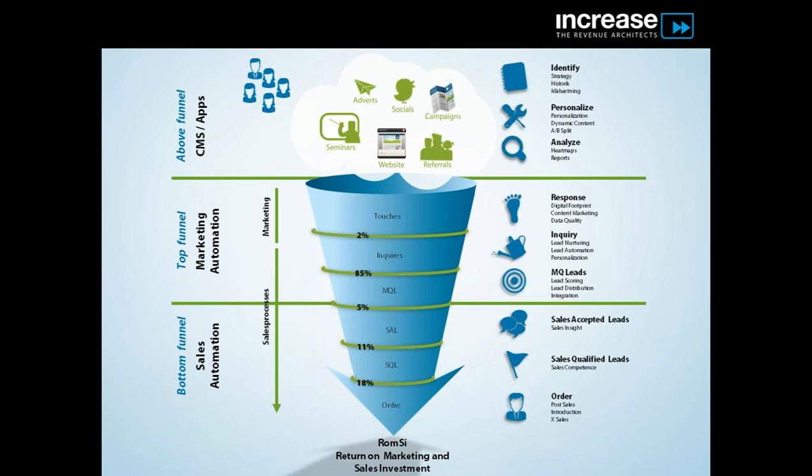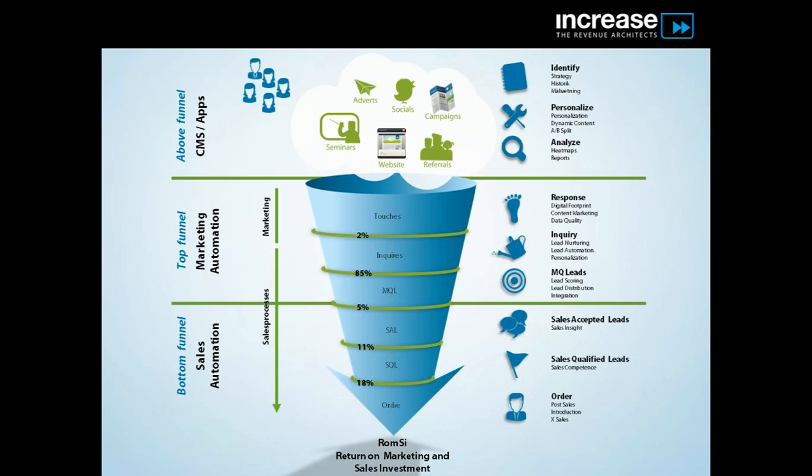So that means almost all the leads that marketing register, they qualify as marketing qualified leads. But only 5% of those are actually qualified by sales in their numbers here.